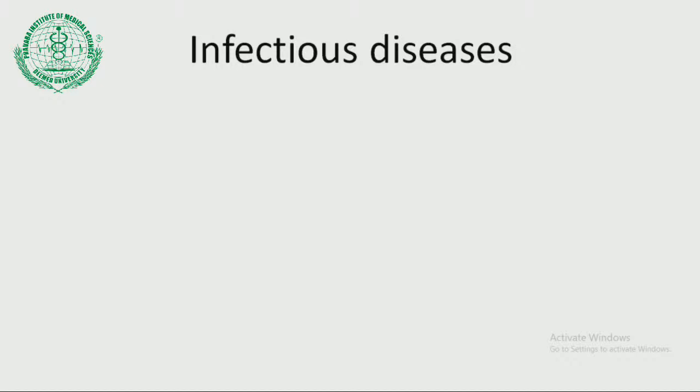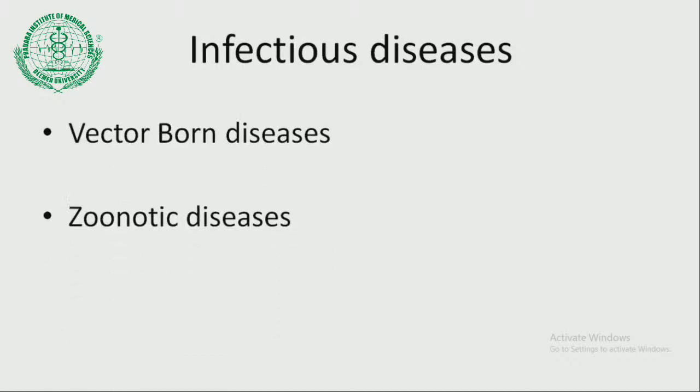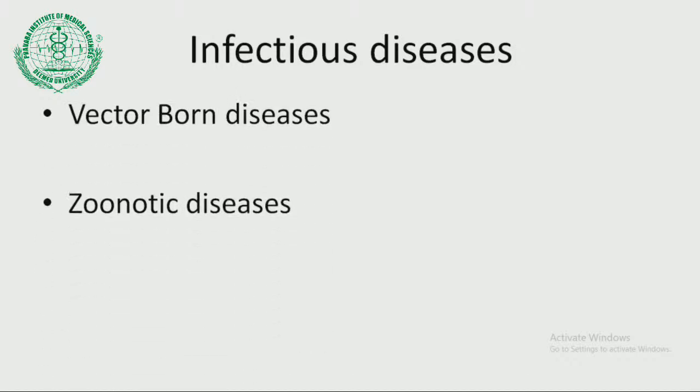So basically infectious diseases can be caused by, as already discussed, bacteria, virus, fungi, parasites. So they can be classified according to that major class: bacterial infectious diseases, viral infectious diseases and so on. Plus there is one more classification of infectious diseases which should be kept in mind, that is vector-borne diseases and zoonotic diseases.